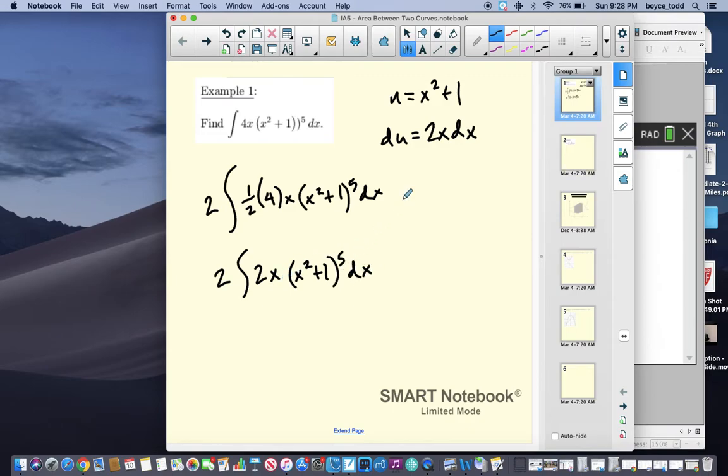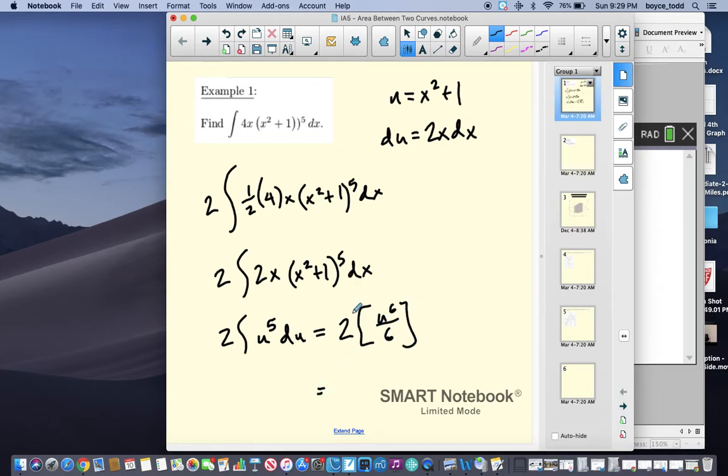All right. So at this point, I have this set up, right? Because remember, we're trying to figure out what u and du are, and that will account for everything here. So now I have 2 times u to the 5th du. All right, so once we integrate, now we have u to the 6th over 6, right?